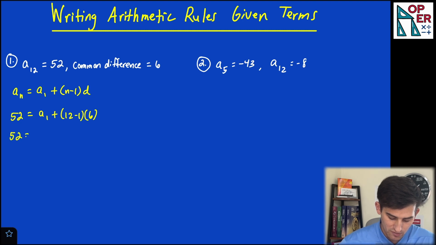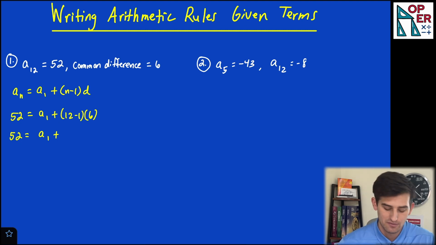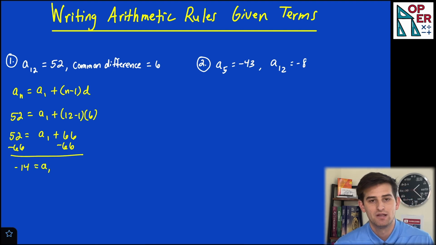Now if we simplify, we have a sub 1 plus, and 12 minus 1 is 11, and 11 times 6 is 66. Now we can subtract 66 from both sides, and we're left with negative 14 equals a sub 1. That's our first term of the sequence, and we can plug it in to figure out our nth term equation.